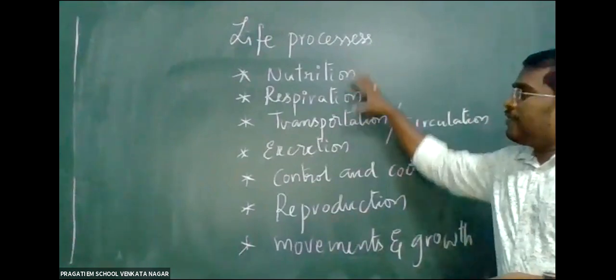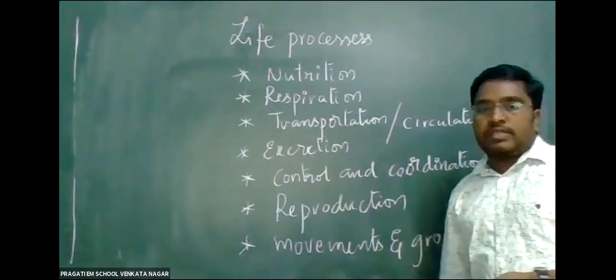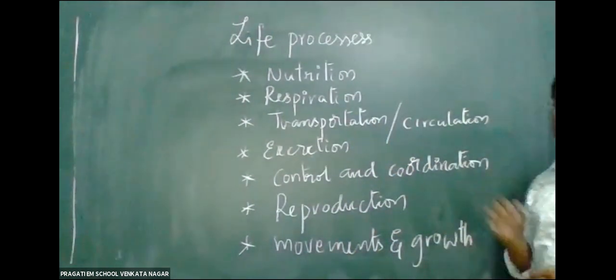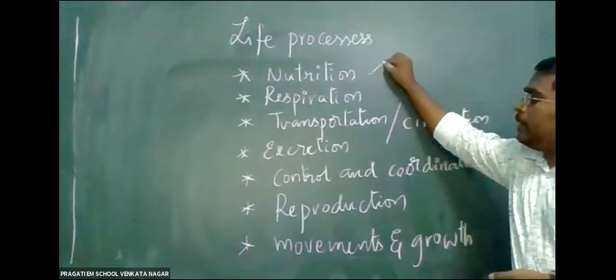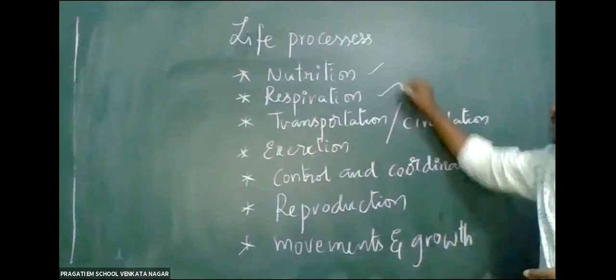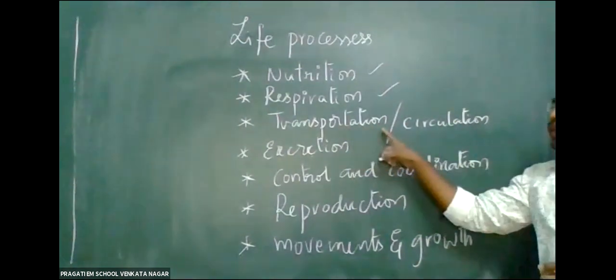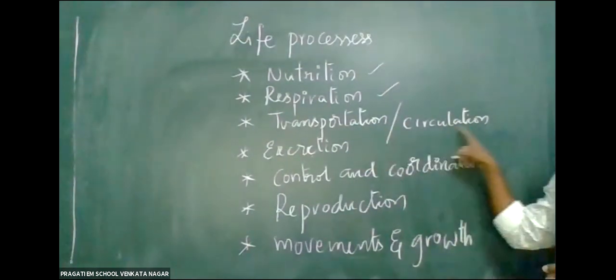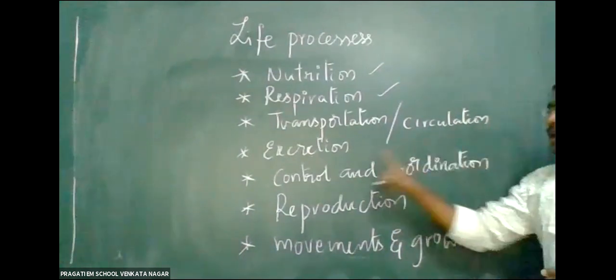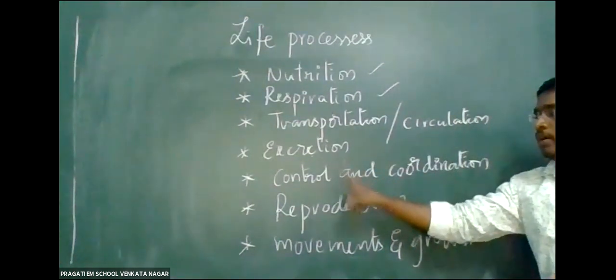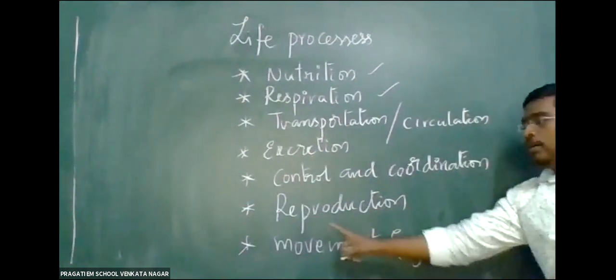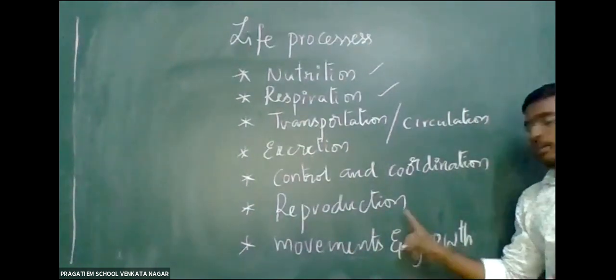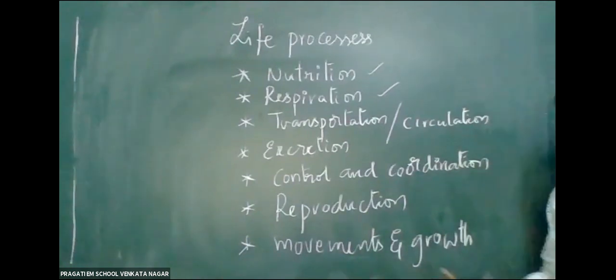So these are the 7 basic life processes carried out in living organisms: nutrition, respiration, transportation or circulation, excretion, control and coordination, reproduction, movements and growth.